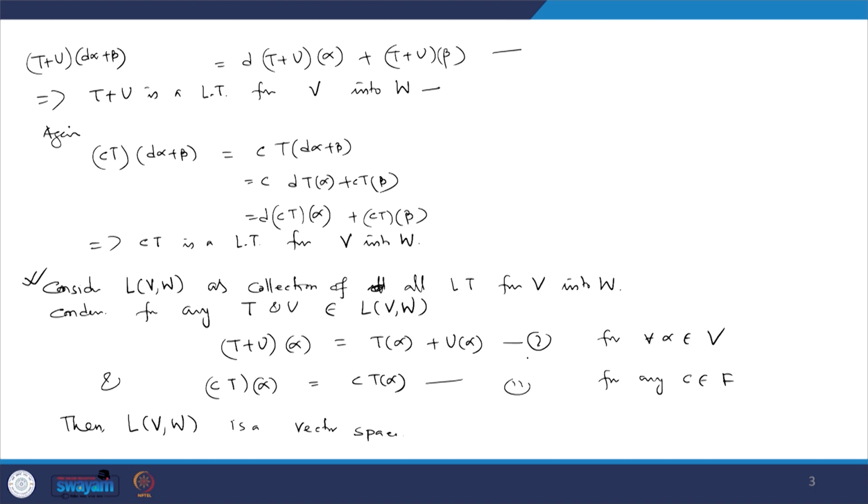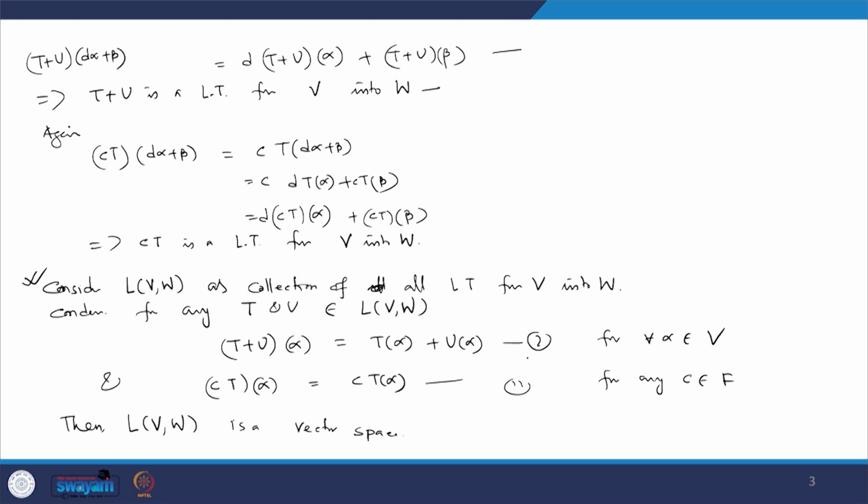Therefore, it satisfies all these axioms of the abelian characteristic of the space L(V, W) with respect to addition. Similarly, one can check 5 more axioms with respect to scalar multiplication. So, I am leaving it as homework for you. Please, you can check that L(V, W) is a vector space with respect to the binary operations, that is vector addition defined as 1 and scalar multiplication defined as 2.